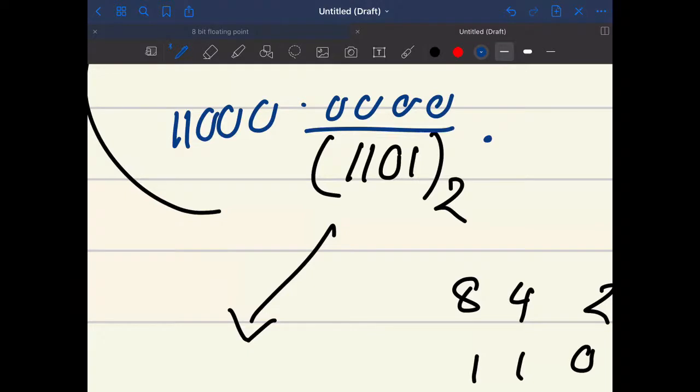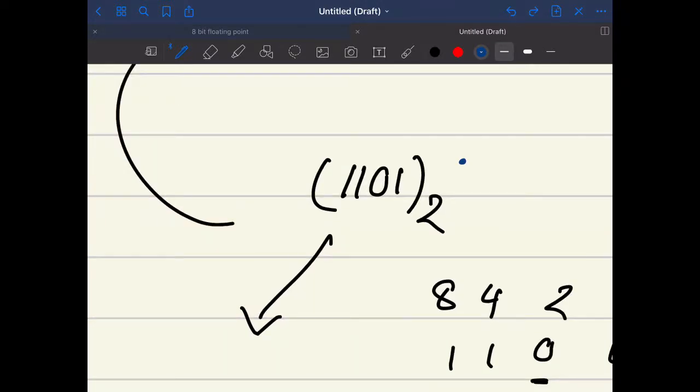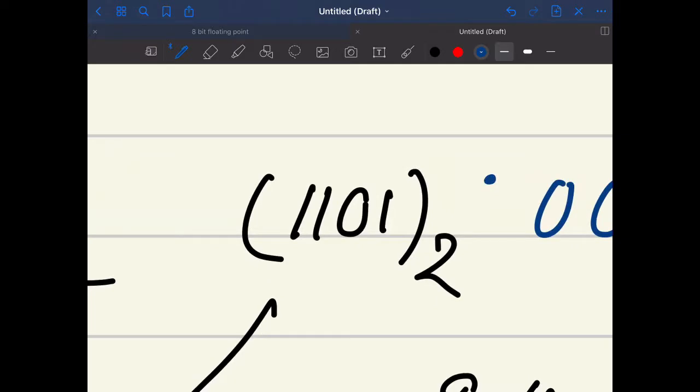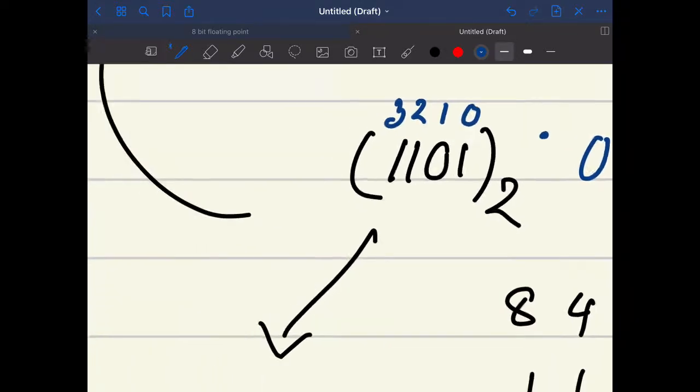We do not write this, we just write the main number. Similarly, this number also has an imaginary decimal point with zeros after it. Before the decimal point we have 0, 1, 2, 3. These are the index numbers for each bit.